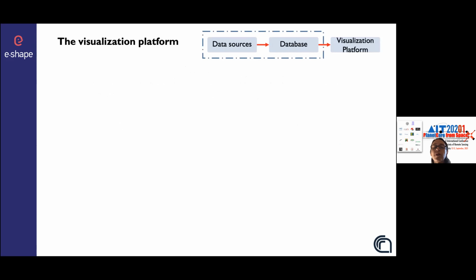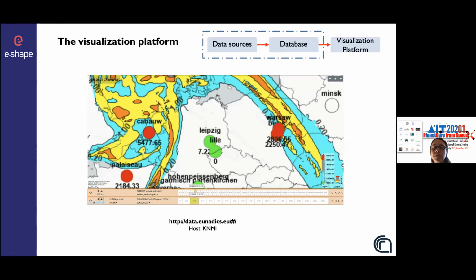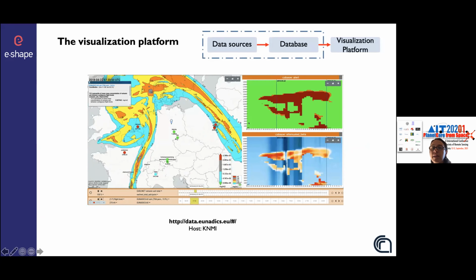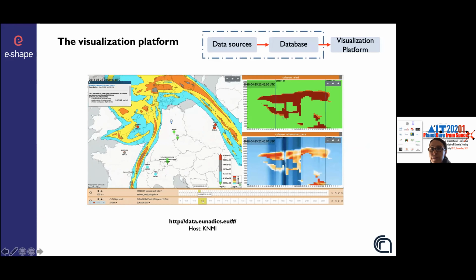So also for going towards the users, we have the data source database and then the visualization platform. This is one example in the demo where you can see different colors for different intensity, and then clicking on the station, you can see the LiDAR profiles with the different products.